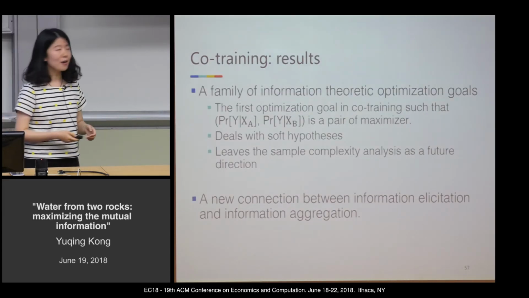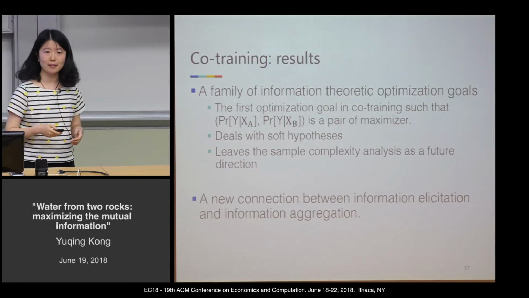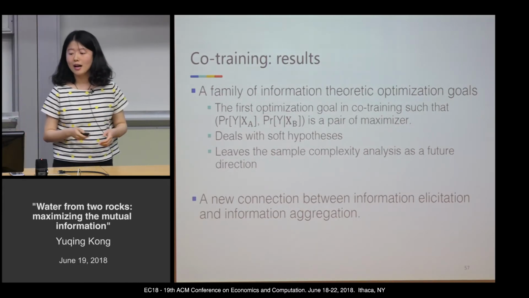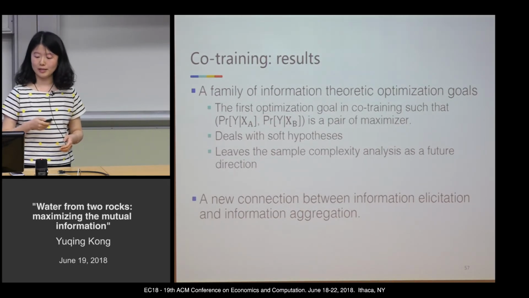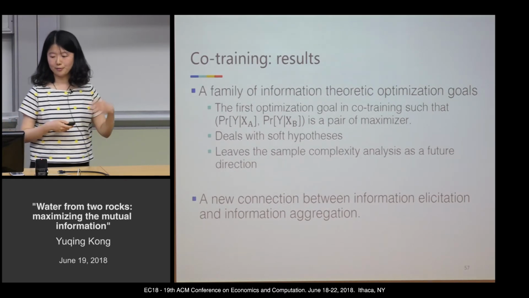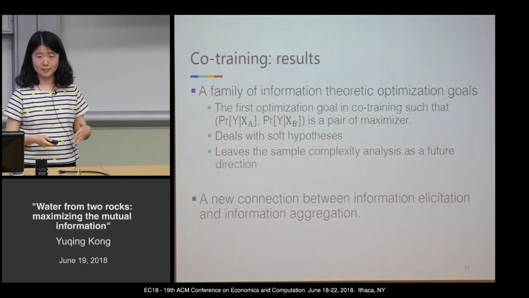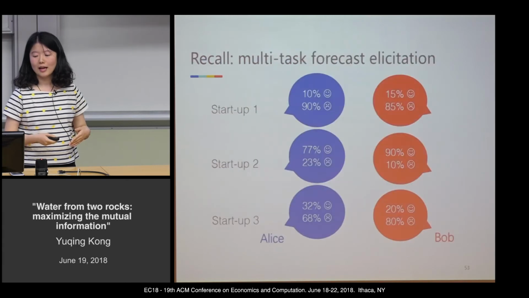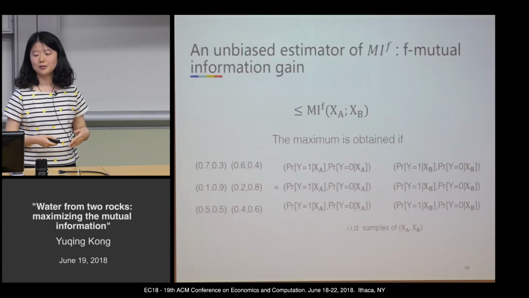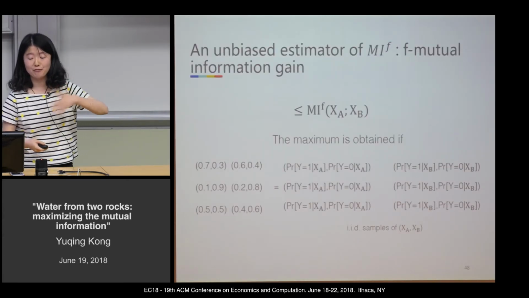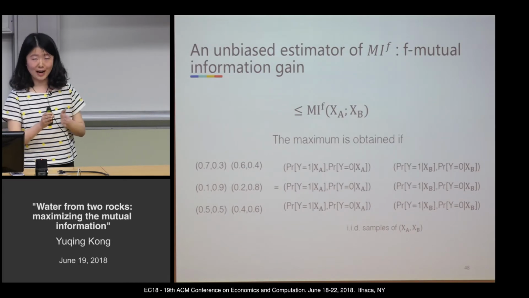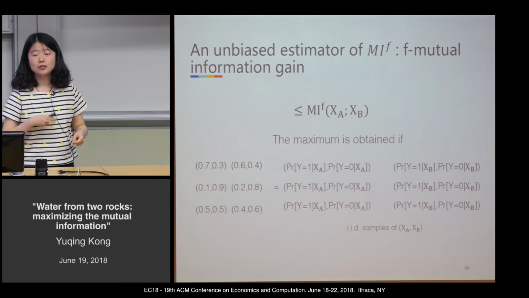OK, and now we propose this family of information theoretic optimization goals. And we also propose this new connection between information elicitation, information aggregation, and information measurement. So remember that when they tell the truth or when they do the best, we can actually calculate the F mutual information. So when we do this information aggregation, it also provides a way to measure the information.